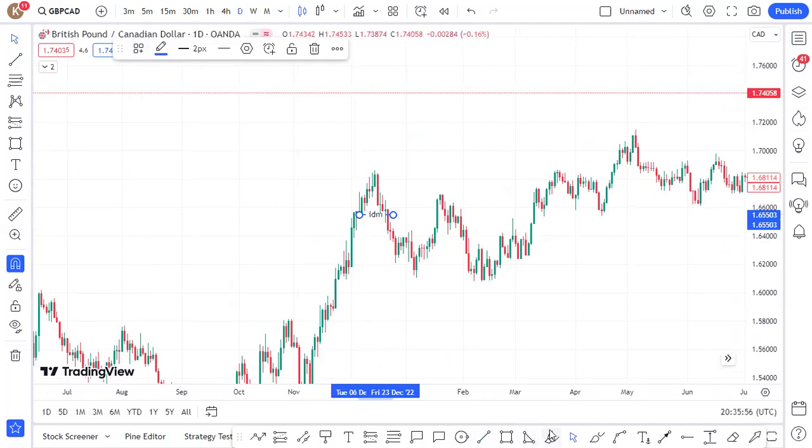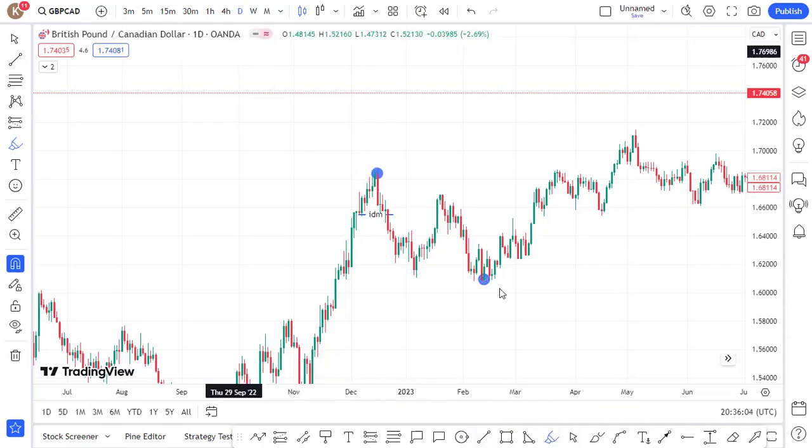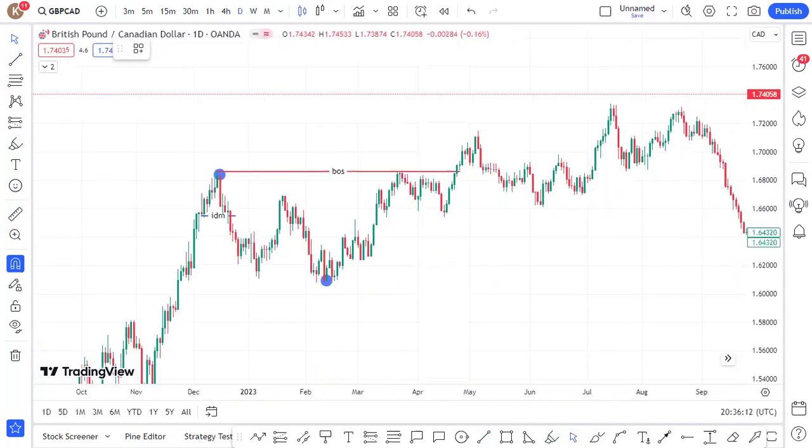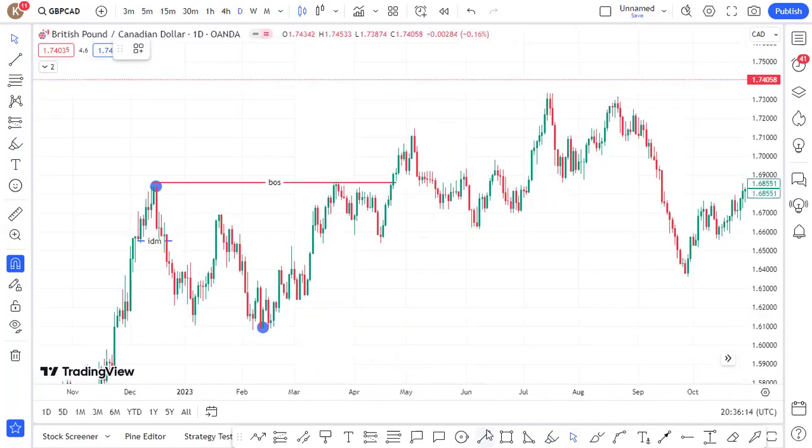Then where's the high? There's a high, there's a low. Then we have a breakout structure here. BOS. Also get the BOS. You can see our inducement is here.